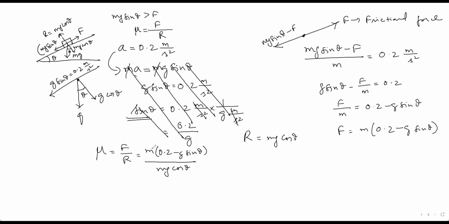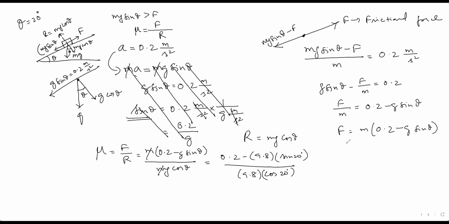Now we can cancel the m with the m, and this will be 0.2 minus 9.8 multiplied by sine 20 degree, divided by cos 20 degree. When you use the calculator, you have to be careful because the mode should be in degrees. You're okay? Yes, uncle. I'll leave the final answer to you. Any questions? No, no question.